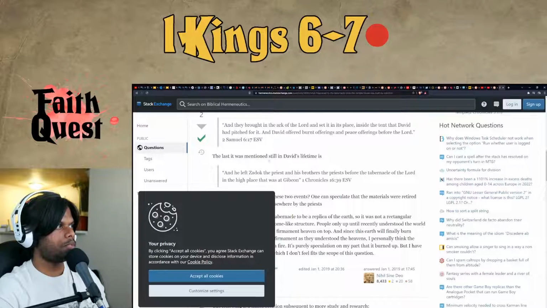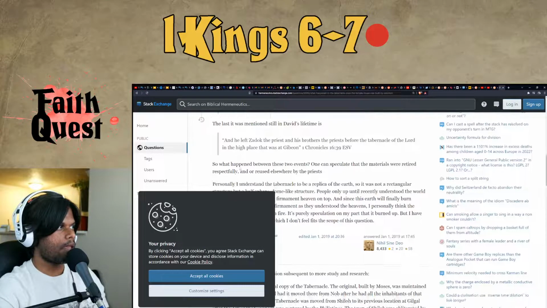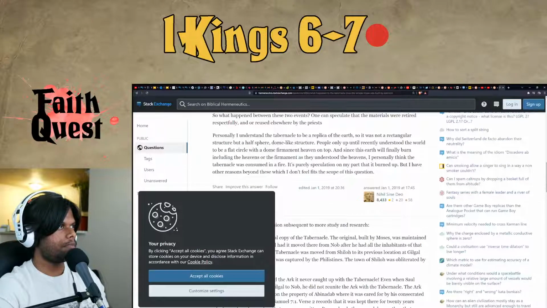The last it was mentioned still in David's lifetime is, and he left Zadok, the priest, and his brothers and the priests before the tabernacle of the Lord in the high place that was at Gibeon.